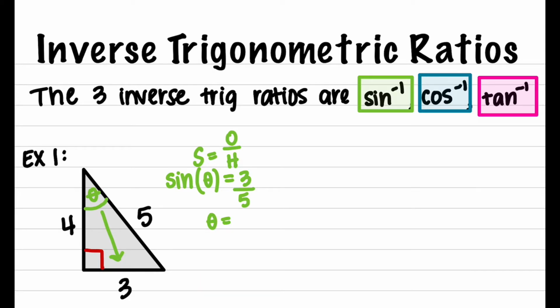So if I want to get rid of this sine, I would use its inverse, or I would take the inverse of it on both sides. So I'm going to take the inverse of sine, which is sine -1, and move it over to the other side. Now I also have 3 over 5 still on the right side, and that stays in parentheses.